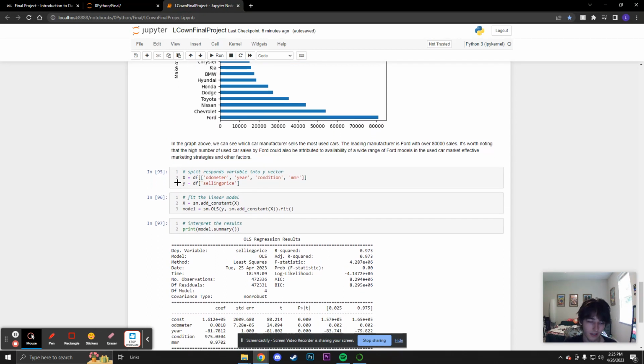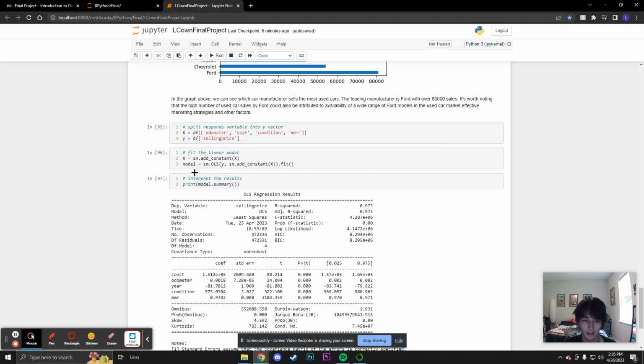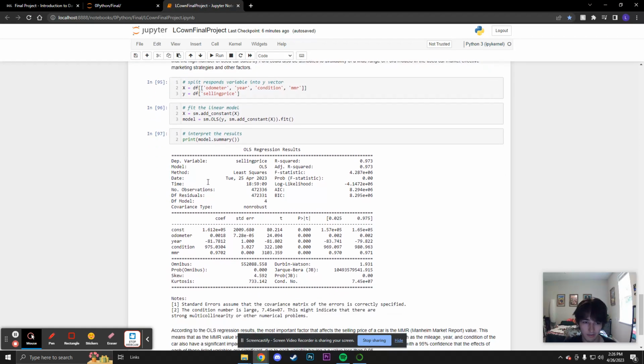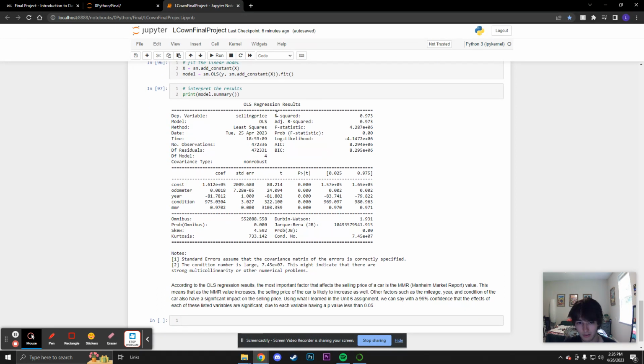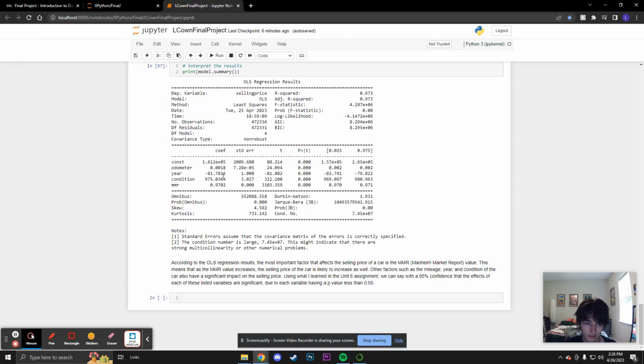So I have my X as my data frame for odometer, year, condition, and MMR, which are just factors of a car that affect the selling price, and my Y is the data frame for the selling price. Here's the linear model, so I set that up, and then I'm interpreting the results here, and my OLS regression results, which you can see with the coefficients for odometer, year, condition, and MMR.